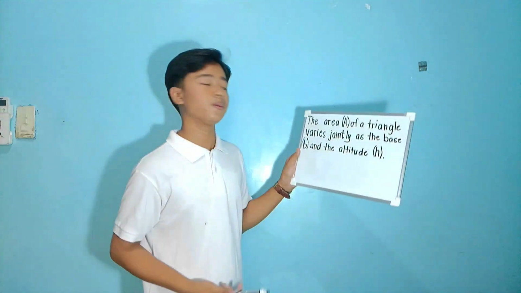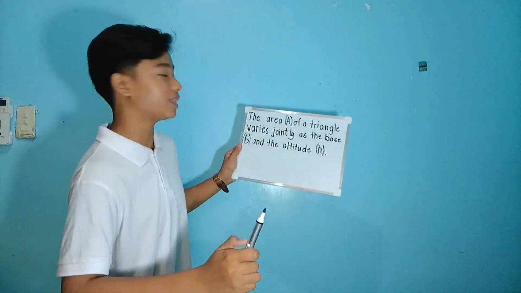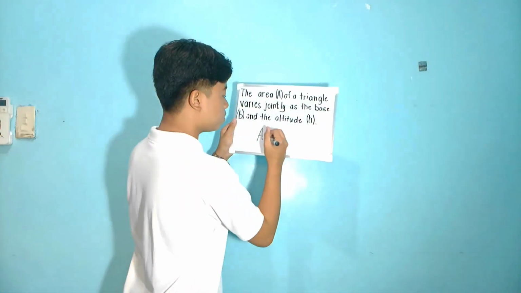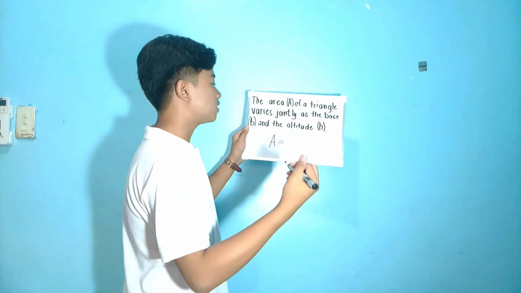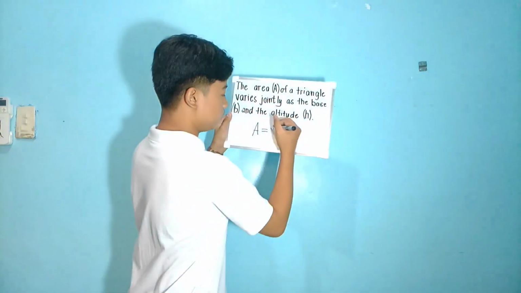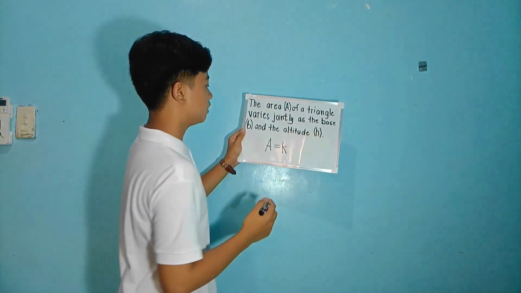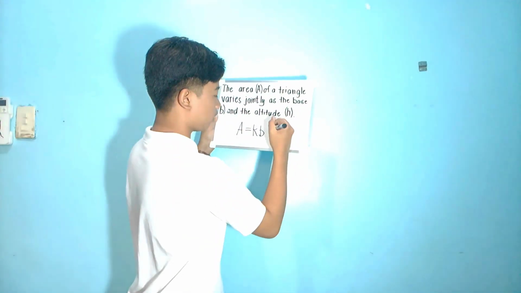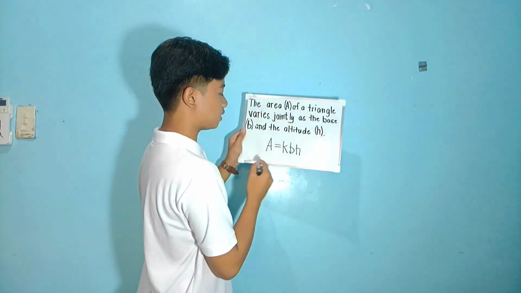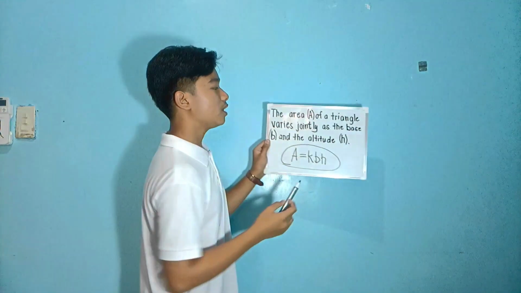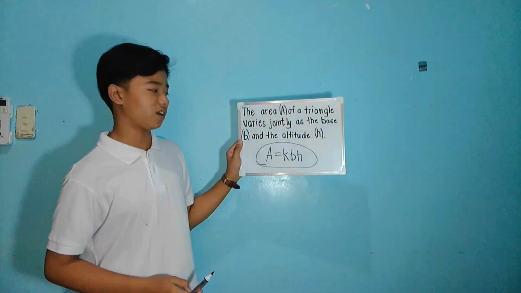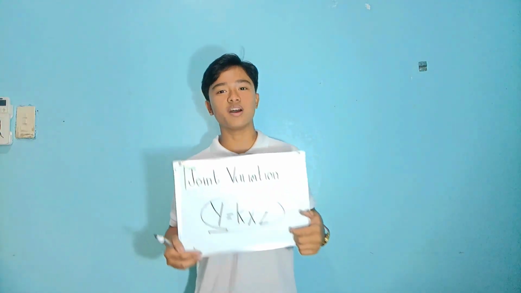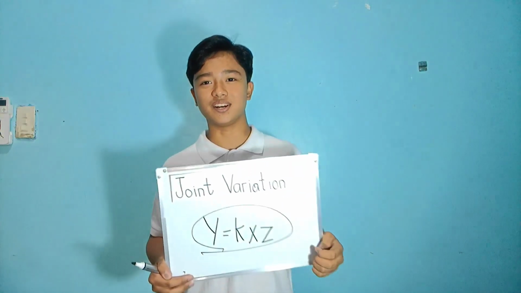If I write it as a mathematical sentence, using k as the constant of variation, it will be A equals kbh. This is the mathematical sentence in this equation. So I think you understand now what a joint variation is.